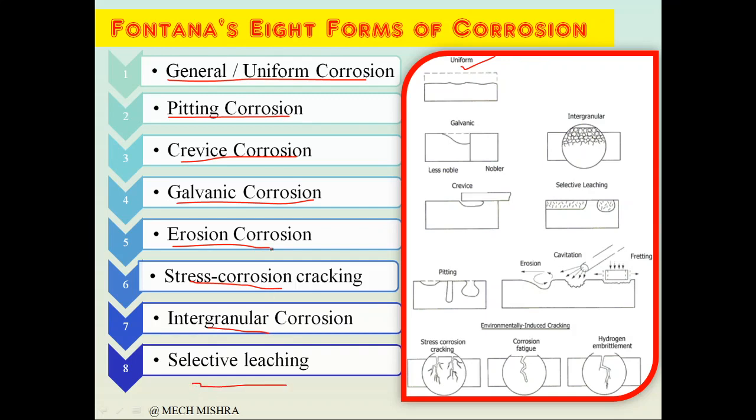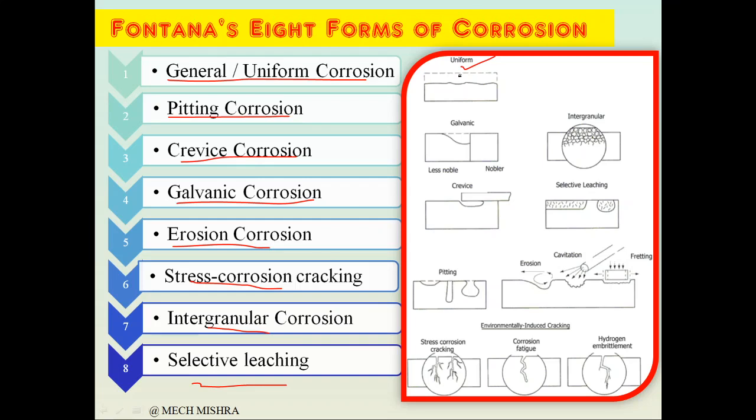If you have understood all these forms of corrosion, then I don't think you will have any problem in corrosion engineering. When you go into the field and see that a piece of metal or equipment has failed, by learning this you can easily identify by which form of corrosion that equipment failed.